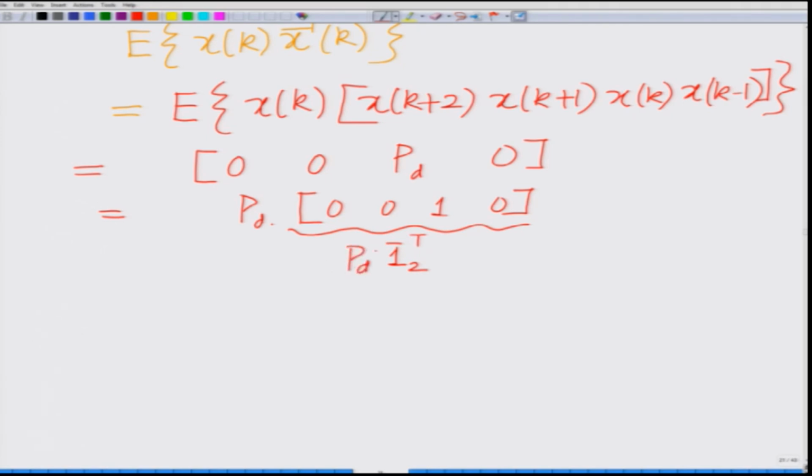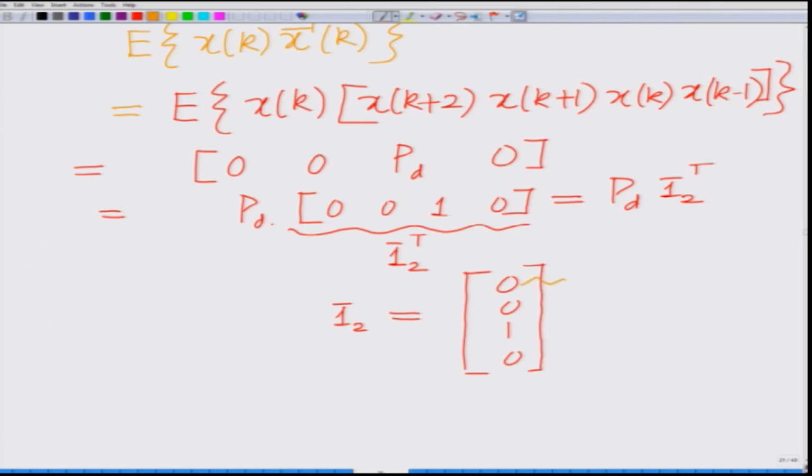So, this we can call P d times 1 bar 2 transpose, because the definition of 1 bar 2 is 0 0 1 0, and if you start counting from the 0th position, this is the first position, this is the second position, and this is the third position.